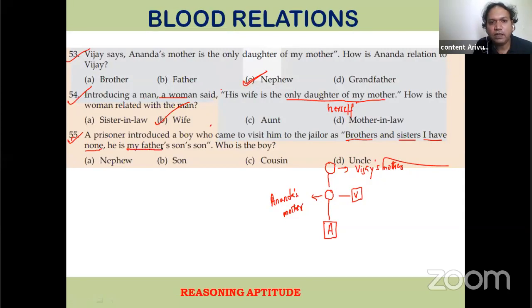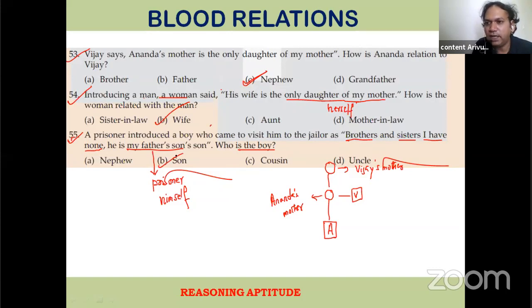So my father's son is that man himself, that prisoner himself, because his father has got no other children except that person. So my father's son means his son. Who is the boy? The boy is that prisoner's son.